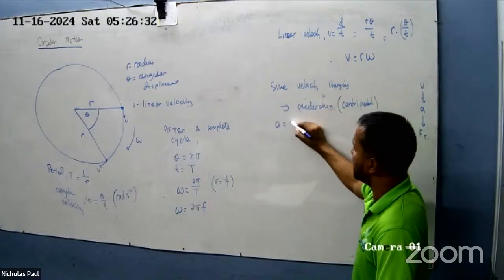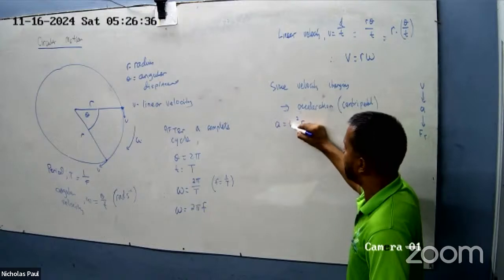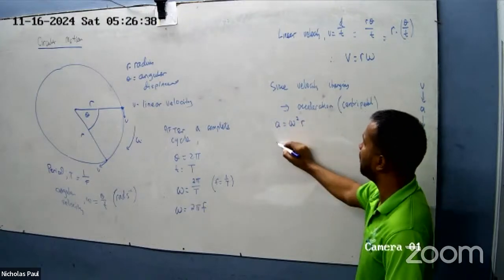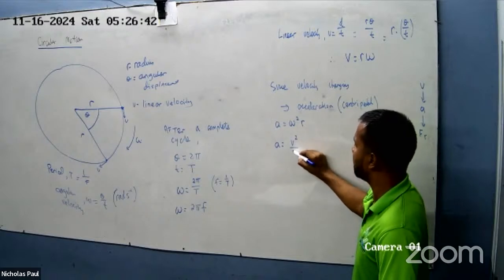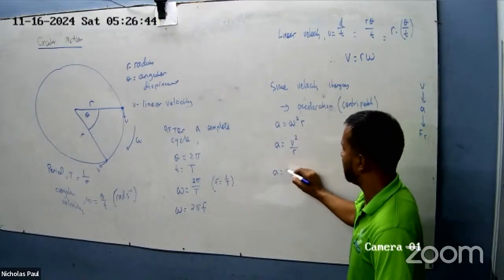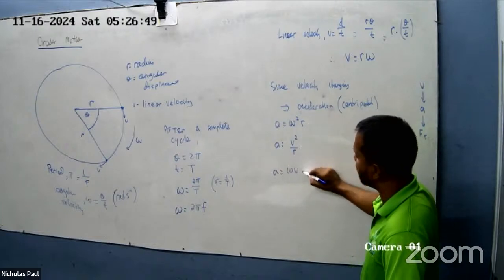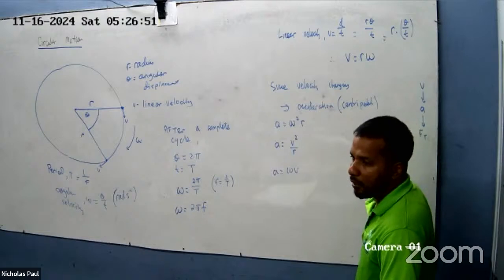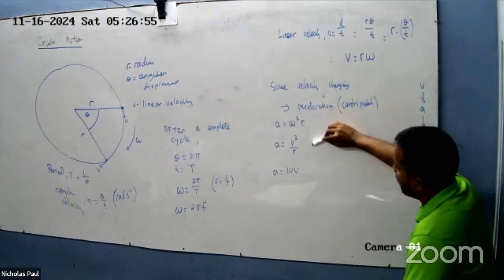Acceleration is v squared on r. Sorry, is omega squared r, or v squared on r, or omega v. So these are the three formulas that we could use to find centripetal acceleration. Okay, we don't have to prove this anymore, right?